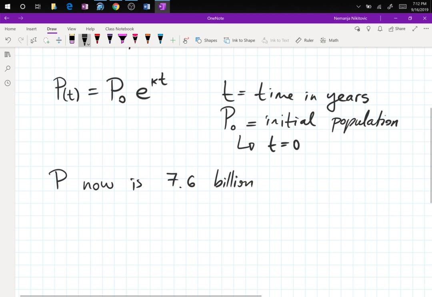Yeah, 6.281 billion. How about we do 1970? 1437. 1970. Oh, wow.